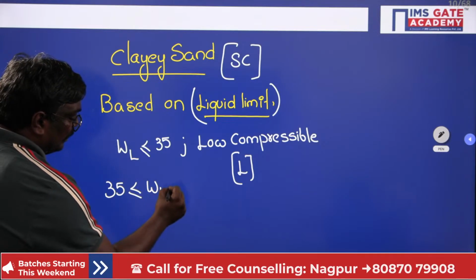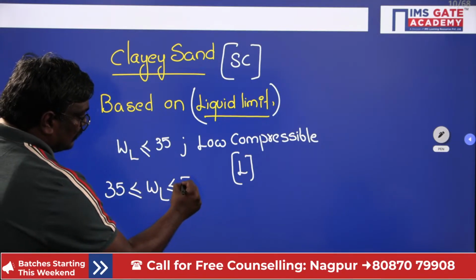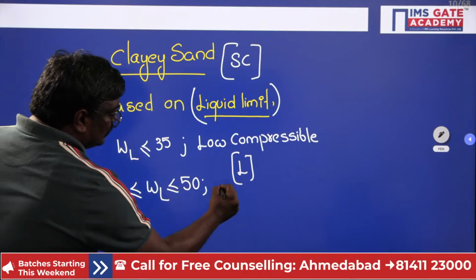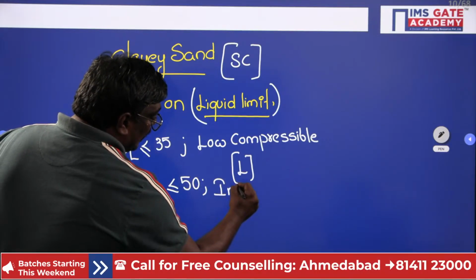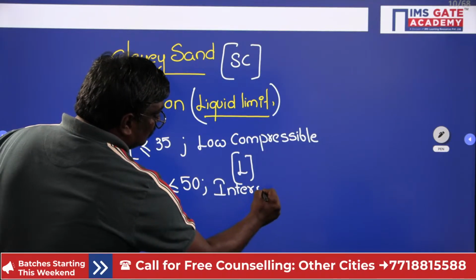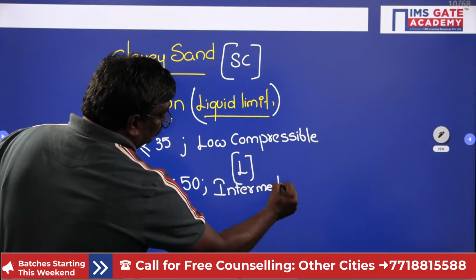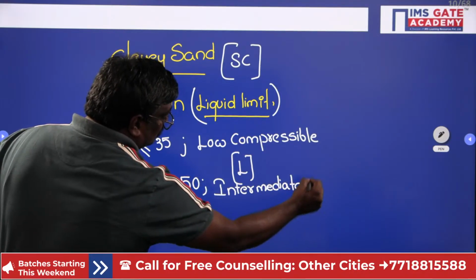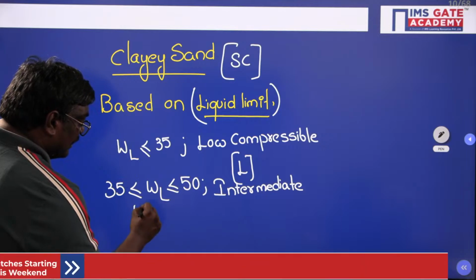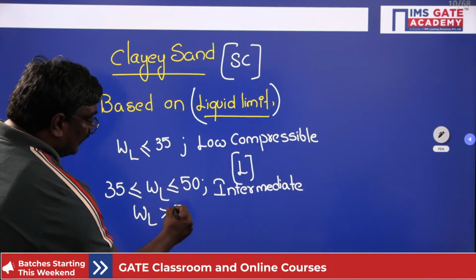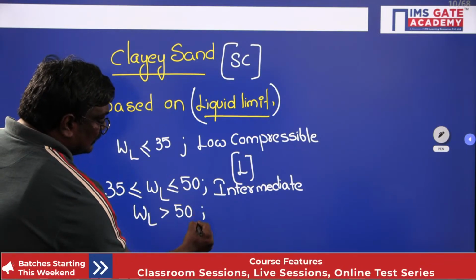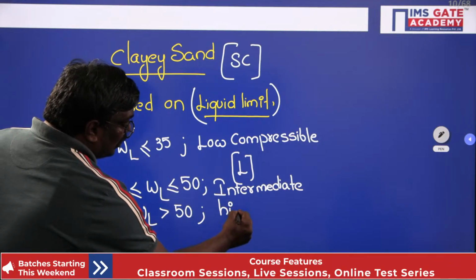If the liquid limit is between 35 to 50, then what is it, my dear student? It is called intermediate compressible. If the liquid limit is more than 50, then it is called highly compressible.